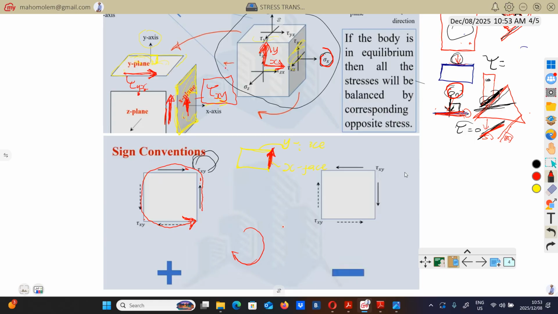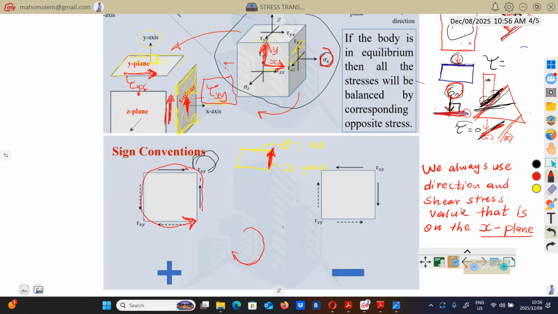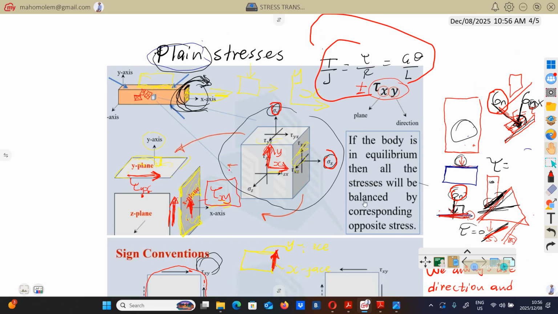So to determine the direction of the shear stress, you must always check the x face. Let me write it down. On our formula sheet, you will see we're going to have shear stress xy.